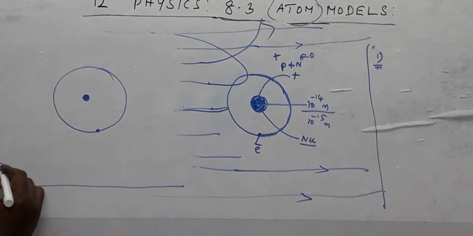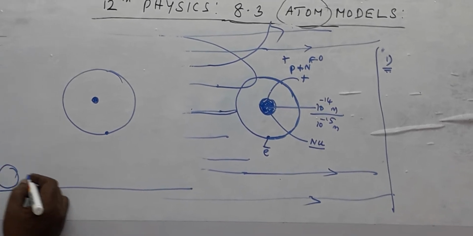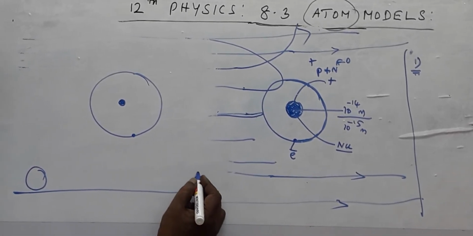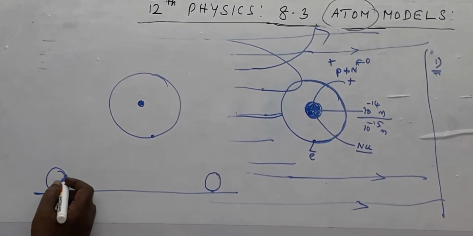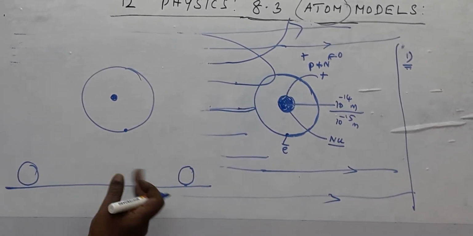When you roll a ball, it eventually comes to rest because it continuously loses its energy.